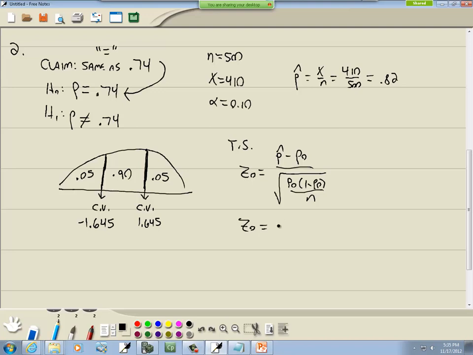So p hat is 0.82 minus p naught, which is 0.74, divided by 0.74 times 1 minus 0.74, divided by n, which was 500. Again, we have to be careful putting this in. Put parentheses on top when we plug it in the calculator.